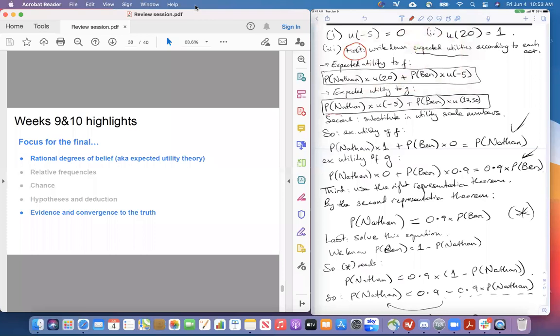Second, you simplify them by substituting in your numbers for your utilities. And I'll always give you those as long as you can figure out which is 0 and 1 yourself. Third, use the representation theorems. That's the upshot of a lot of work that we've done on expected utility theory, being able to apply those theorems. And last, you solve to obtain your degrees of belief.